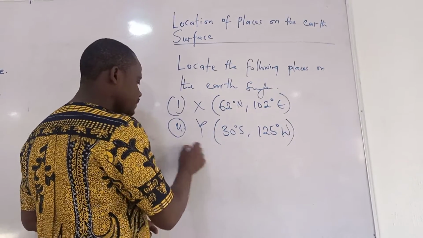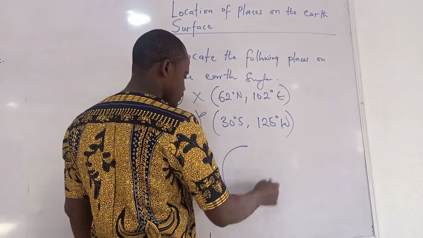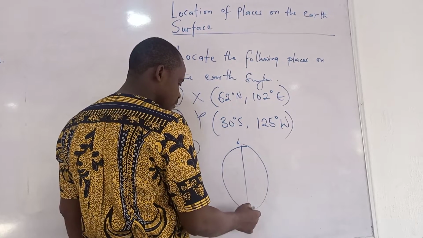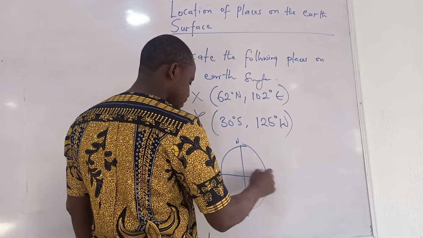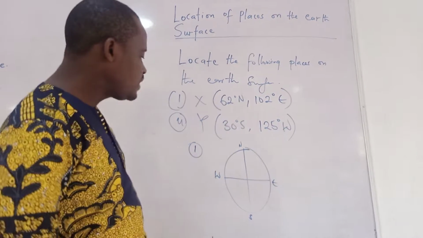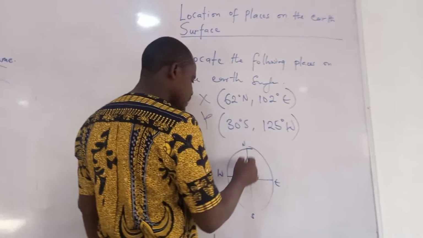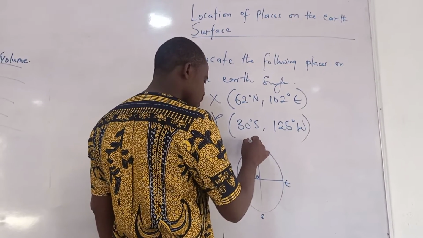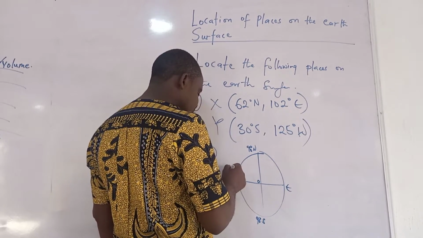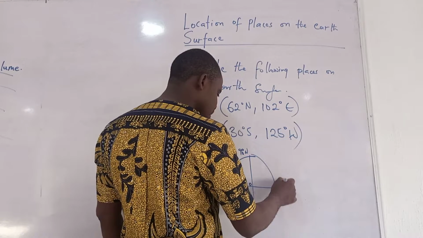For Roman figure 1, the first thing you do is draw your cardinal system: north, south, west, and east. Then from the center to this spot is 90 degrees north, and to this spot is 90 degrees south, and this is 180 degrees to 0 and 0 to 180 degrees.